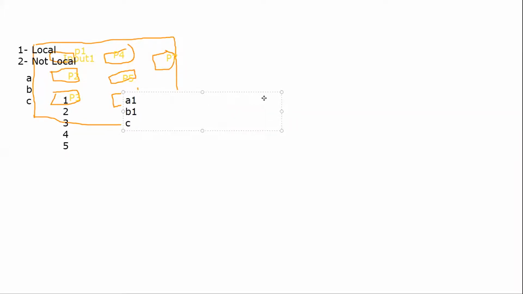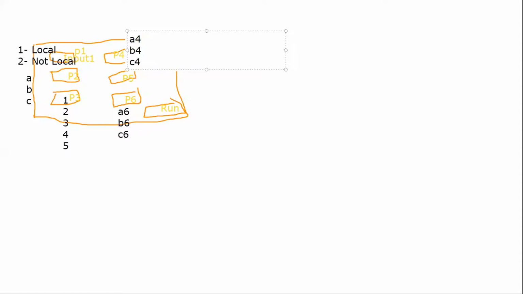For parameter 6, A6, B6, and C6, three values. Input 5 has four values: A5, B5, C5, as well as D5.